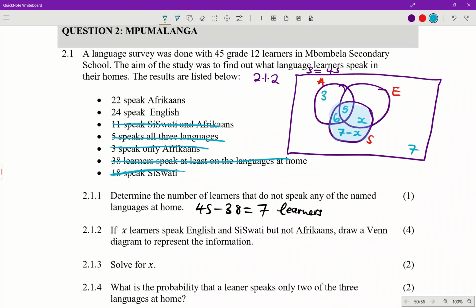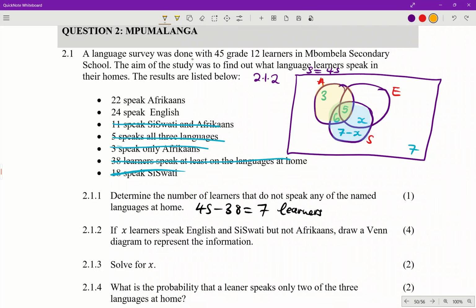So look at this. You have 22 that speaks Afrikaans. Remember, all of these ones here have to give you 22 when you sum them. So this is easy for me.